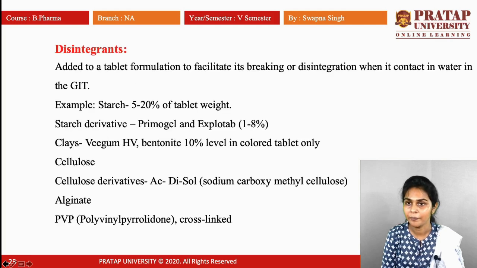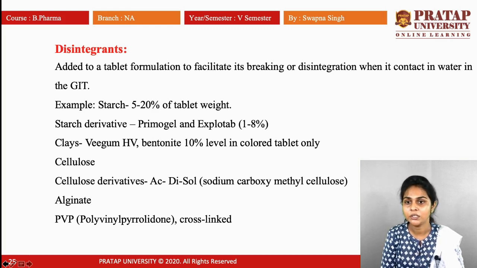Next is disintegrants, added to a tablet formulation to facilitate its breaking or disintegration when it contacts water in the GIT. Okay.